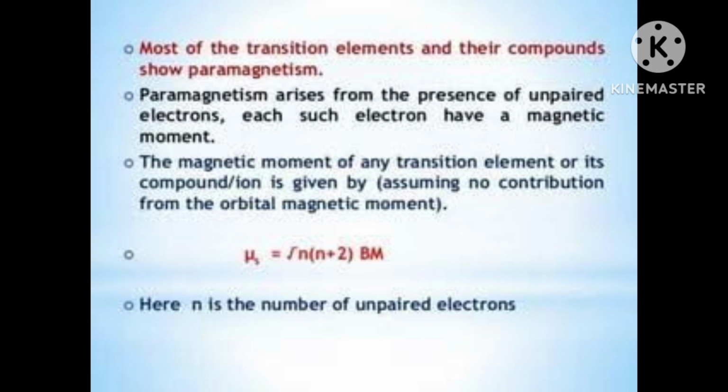Only the spin angular momentum. But in other series, the orbital angular momentum will play a role. In the first transition series, it has no role. I am talking about the first series of transition metals.